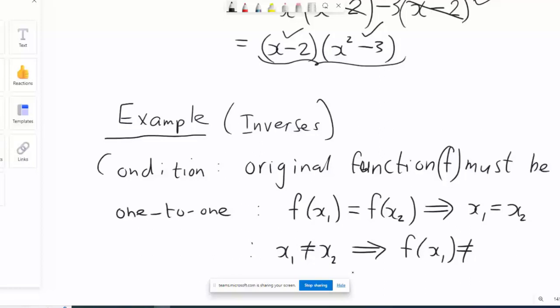The function values cannot be the same. If the two points in the domain are not the same, then the function values cannot be the same. Okay, that's what it means. These two statements are equivalent. When someone says the first part, he's also saying the second part. Okay, right.